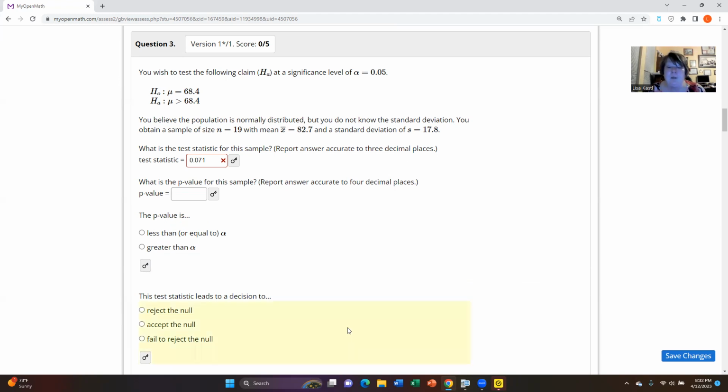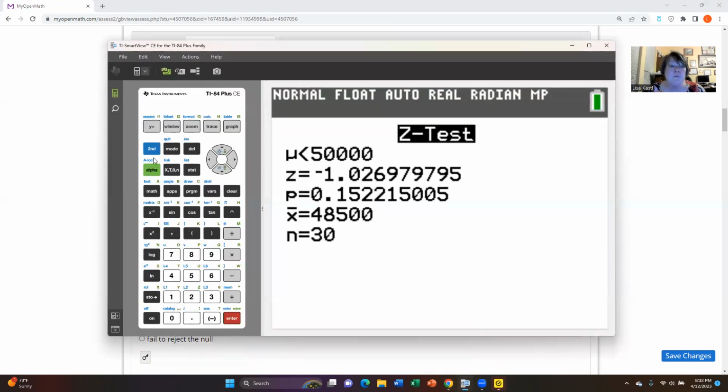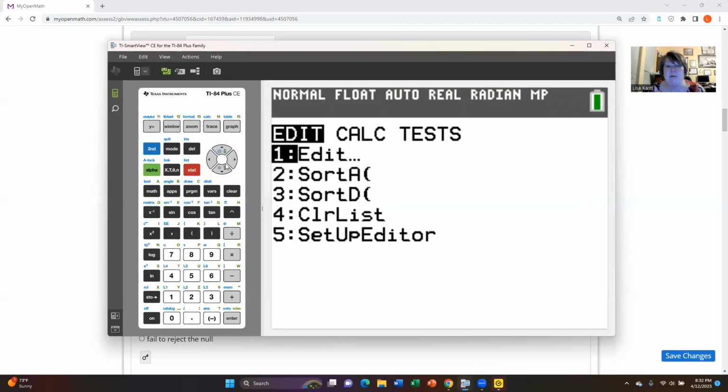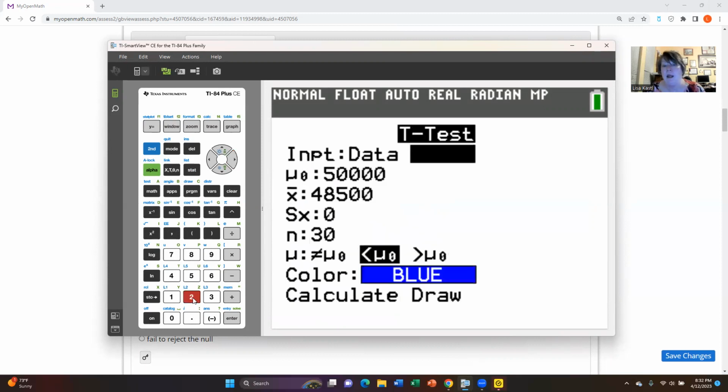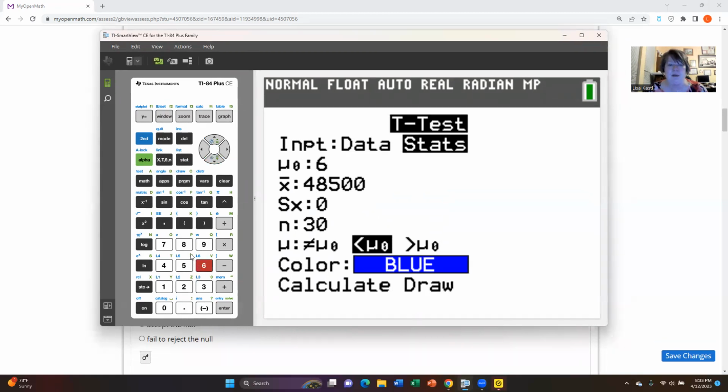Okay, so let me open my calculator up. Let me go to stat, test, and number 2 is my t-test. And I am again putting in statistics because I don't actually have data to put in a list. And what is my data? Well, the mean that I'm testing is 68.4, so I'm going to put that in for mu sub 0.